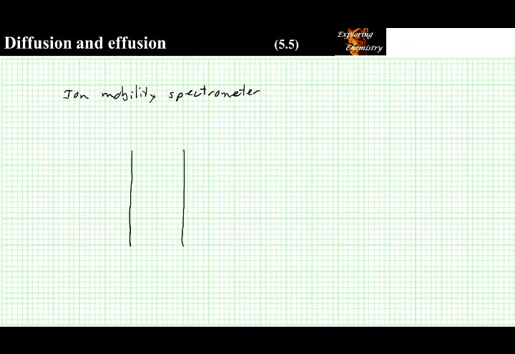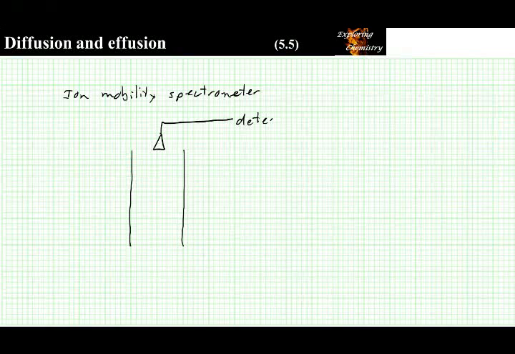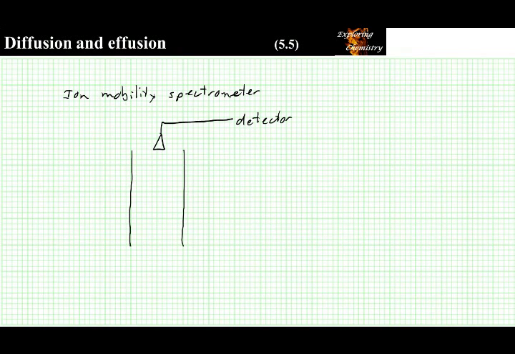At the top is a detector. And at the bottom is our sample. And so this is the particulate matter that was collected from your luggage.